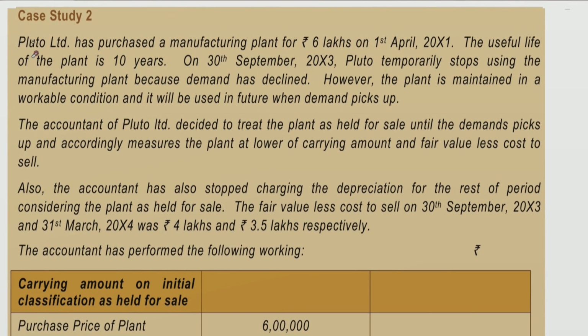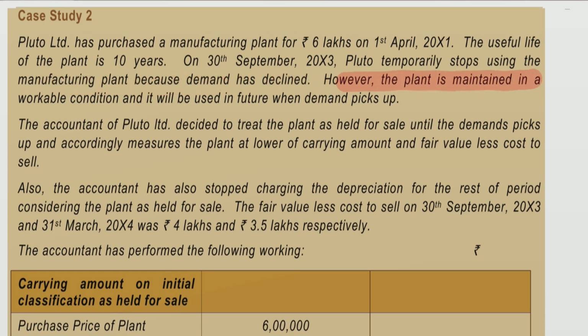It says Pluto Limited has purchased a manufacturing plant for rupees 6 lakhs on April 1, 2021. The useful life of the plant is 10 years. On 30th September 2023, Pluto temporarily stops using the manufacturing plant because demand has declined.